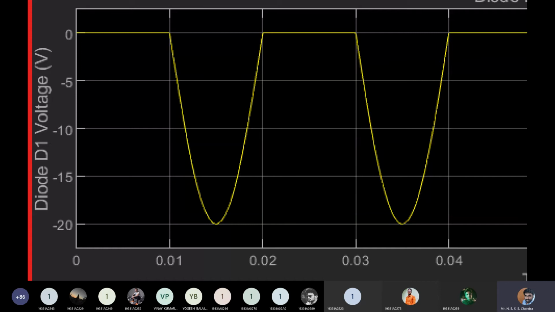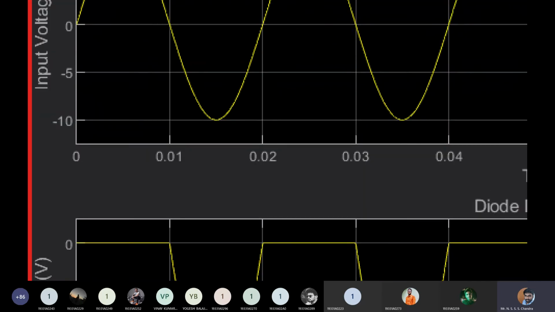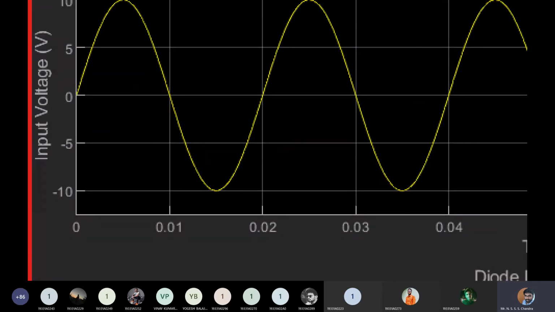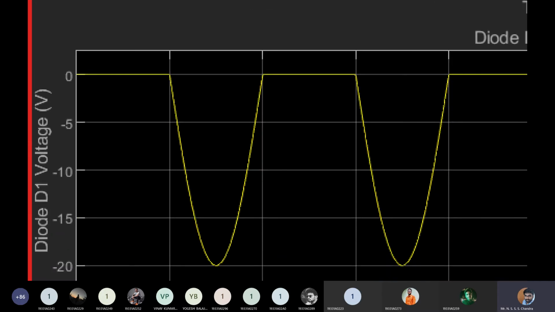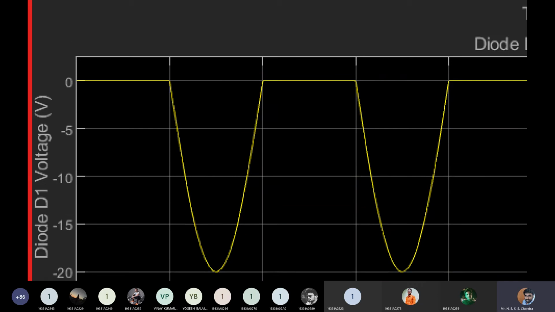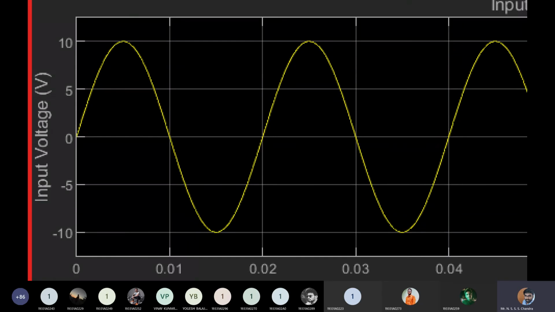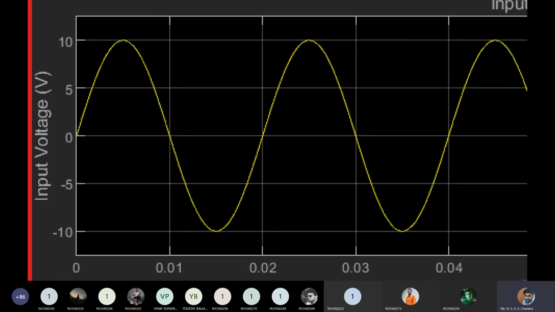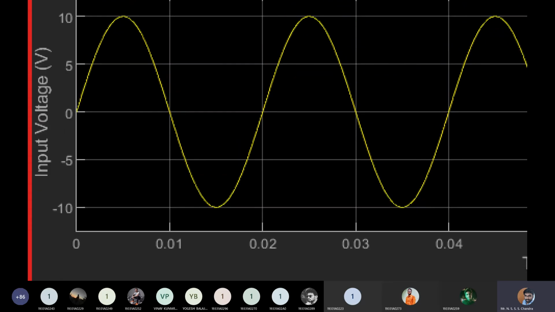And for the negative half cycle of the input, between 0.01 seconds and 0.02 seconds, what is the diode D1 voltage value? Minus 20. But what is the maximum value of the input voltage in the negative half cycle?